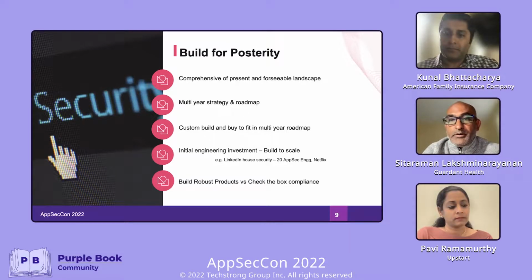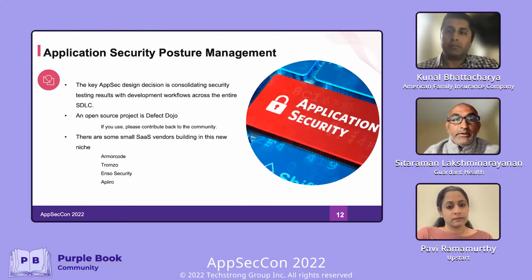Yes, there are several different tools available. It can be a single vendor tool that gives you the similar thing. It can be a multi-vendor, and you have one product that can look at various tools, whether it is ArmorCode or Apiiro or any other tools.